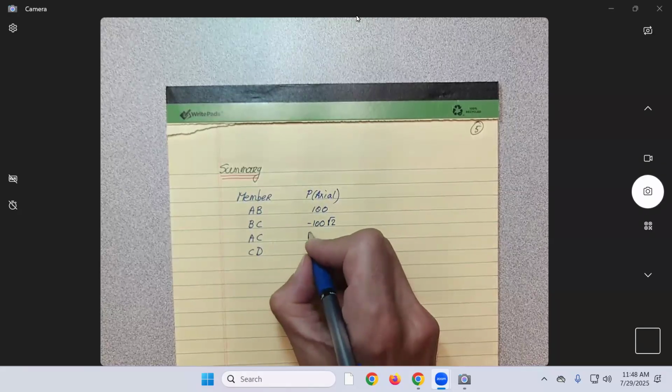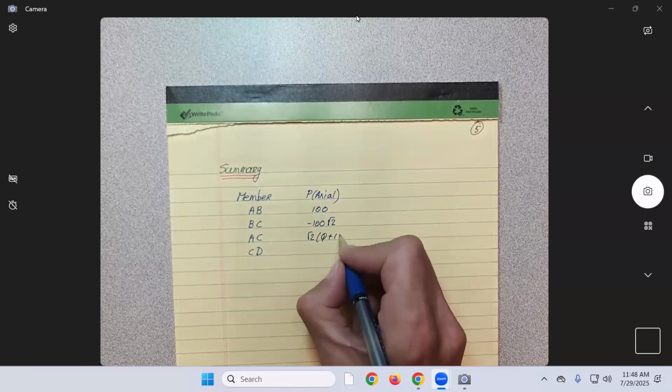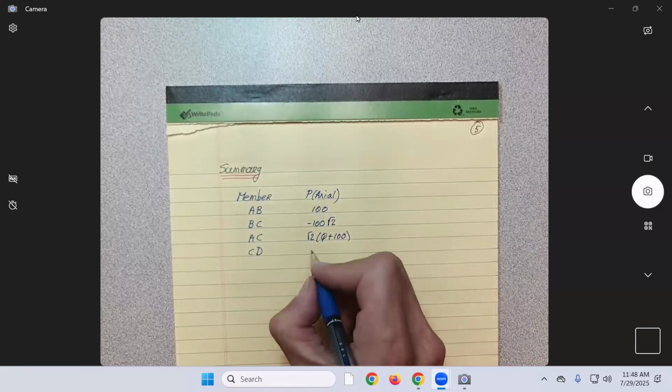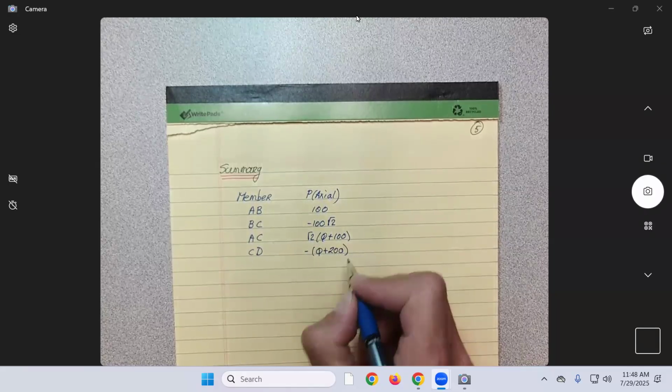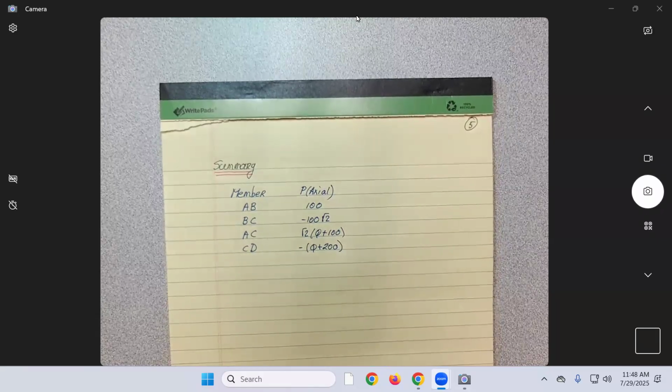AC, square root of 2 Q plus 100. And finally, the one we just did, minus (Q plus 200).